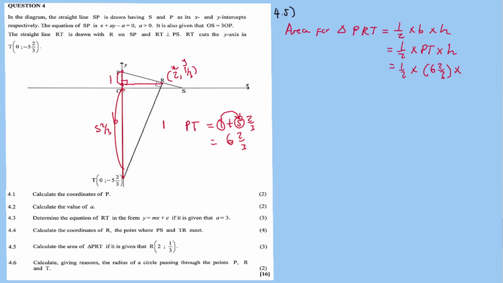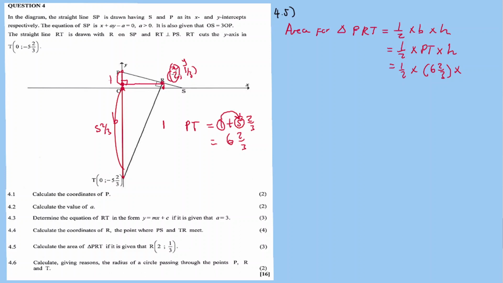The distance from O to R, or the distance from the y-axis to R, is the same as the x coordinate. We measure against the y-axis for the x coordinate, and against the x-axis for the y coordinate.